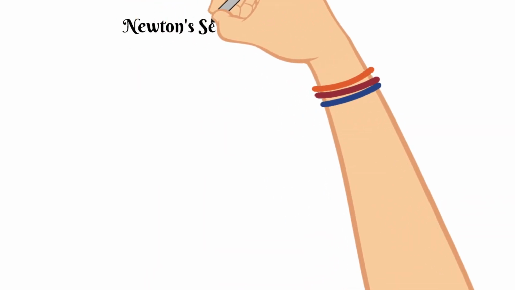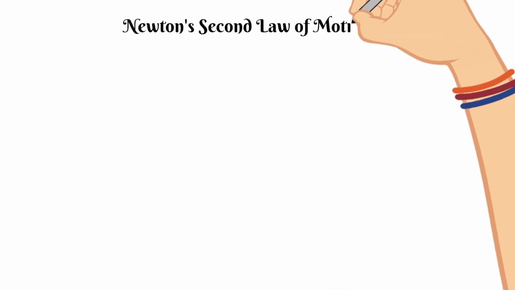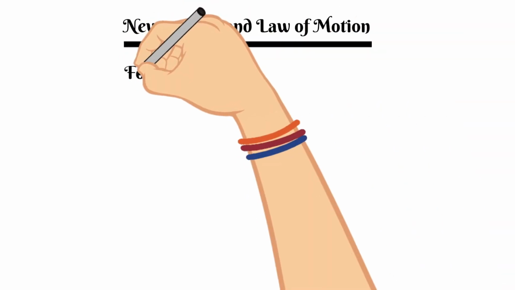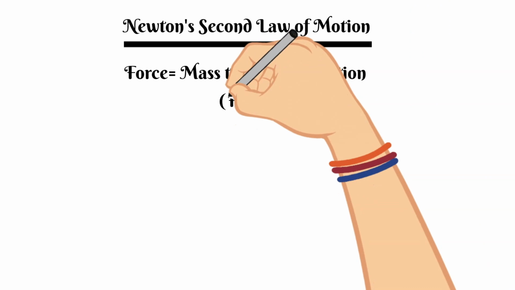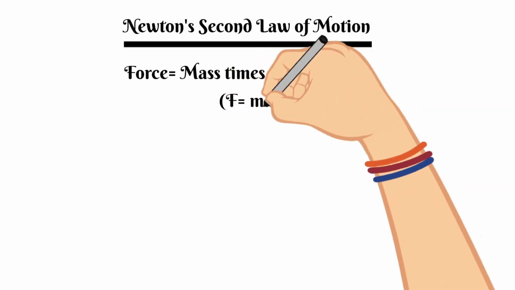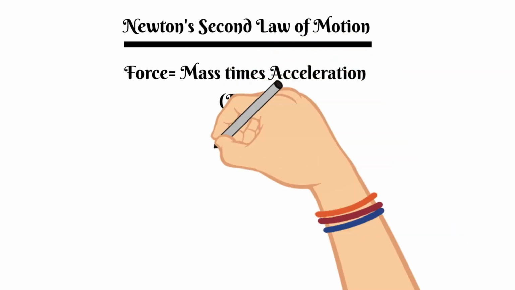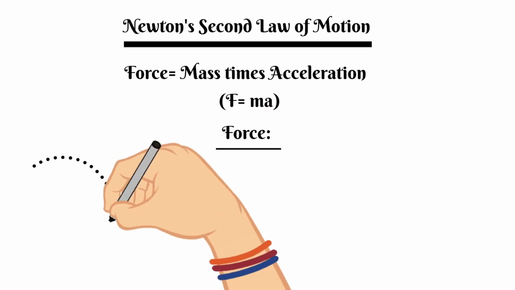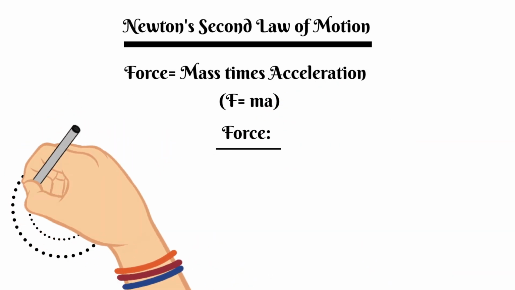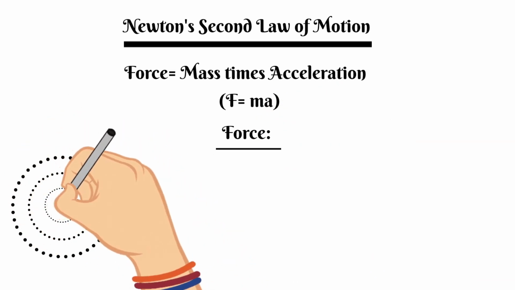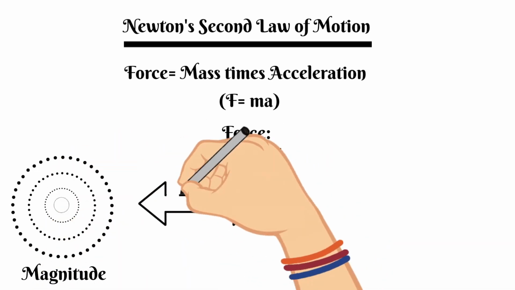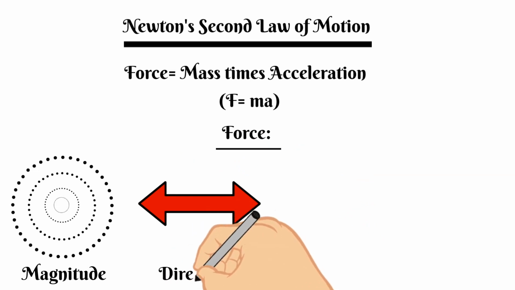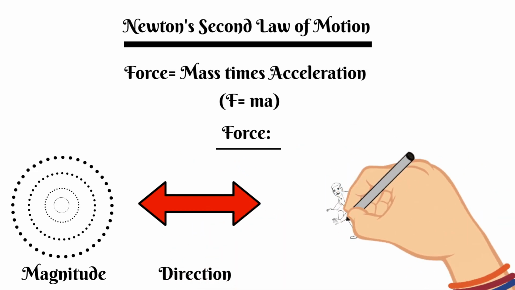Newton's second law of motion states that force equals mass times acceleration, or F equals ma. Let's first define each of these terms. First, force is generally defined as the magnitude and direction that something acts on something else.